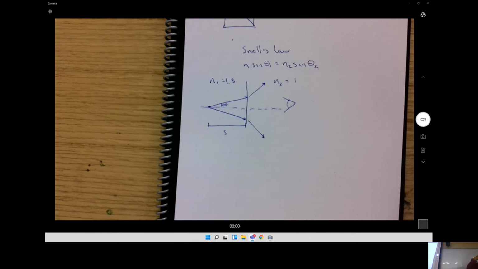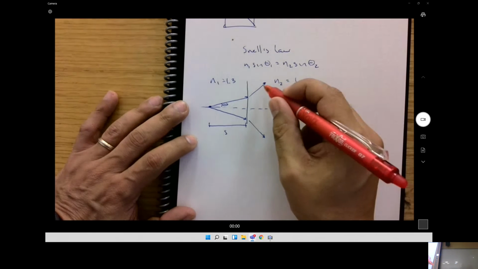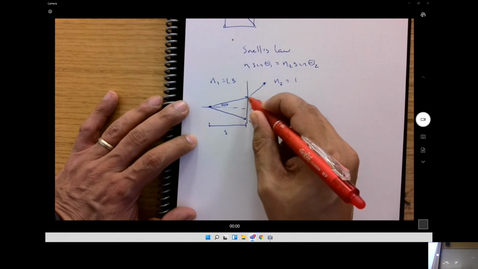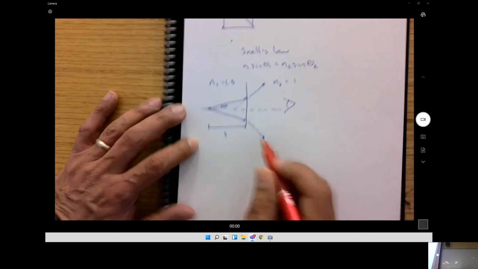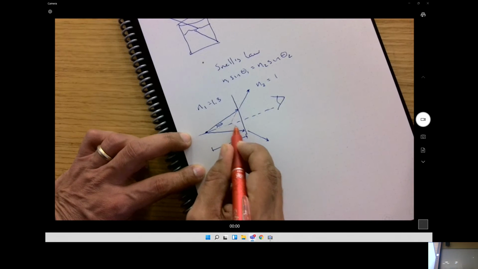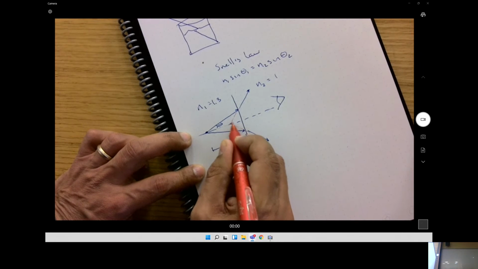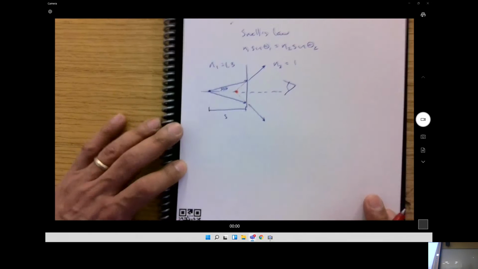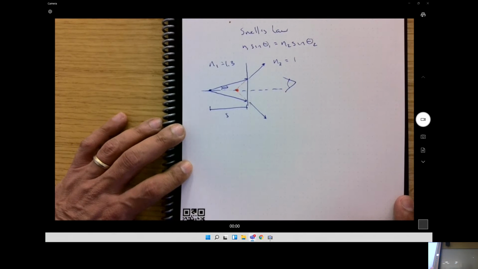But because the brain cannot understand what's going on with that interface, what the brain does is just try to figure out the direct path. So they imagine that the rays follow a straight line, and what the eyes perceive is that the rays are coming from a point that is closer to the interface than it actually is.